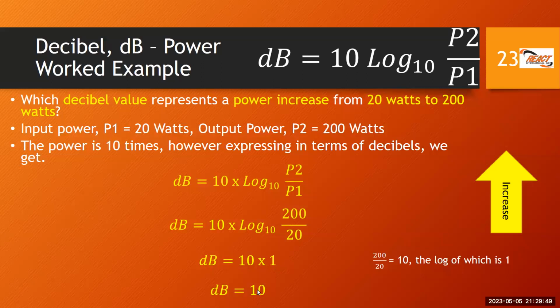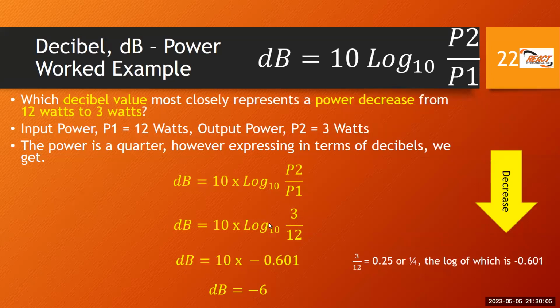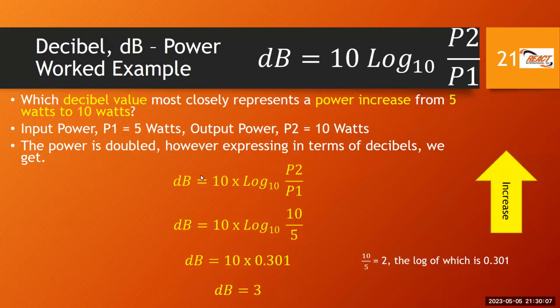Now it is seemingly coincidental that the increase of a power 10 times results in a dB of 10 or gain of 10, but it doesn't work with the other numbers. So we saw that when we increased the power from 5 watts to 10 watts, it's twice times, but the dB is 3.